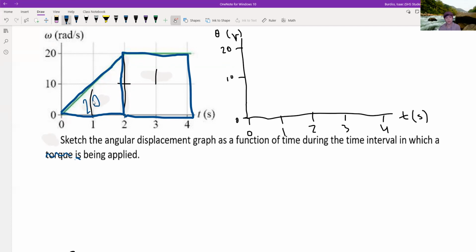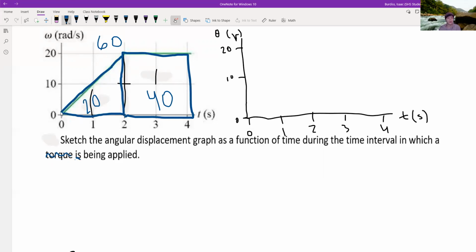So 1 times 20 is 20. And then for the square, base times height, base 2, height 20, that means it's 40. So the total is 60. That's not what they're asking for, but that's just something to know.